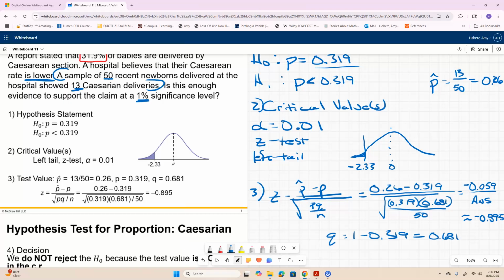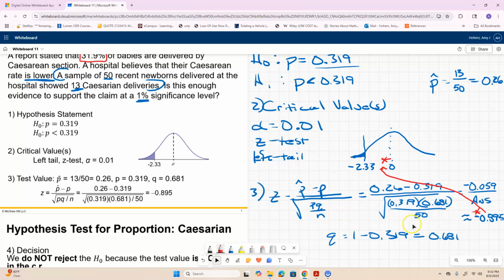Okay, so that's our test value. Where does that fall? Well, that falls very short of where we need to be. So negative 0.895 is going to be about in this area, which is not nearly as far down as we need to be for the negative 2.33. Kind of surprising.